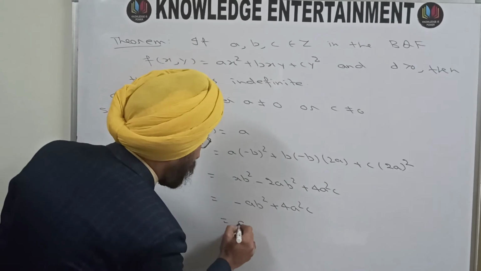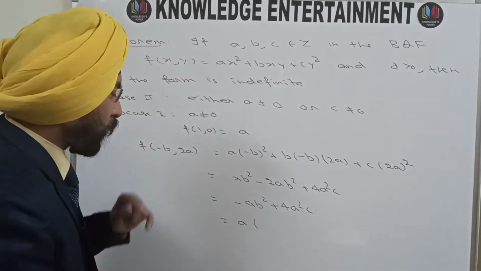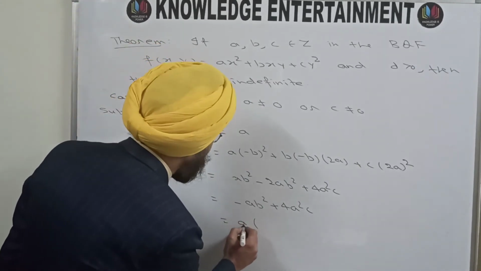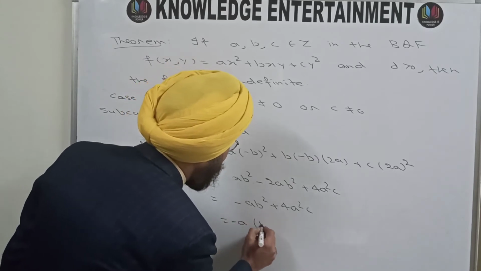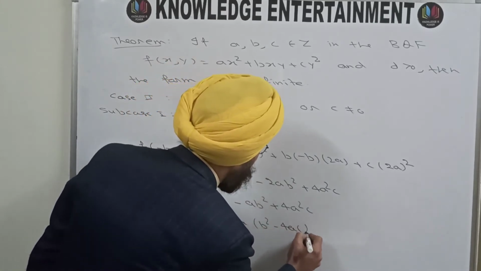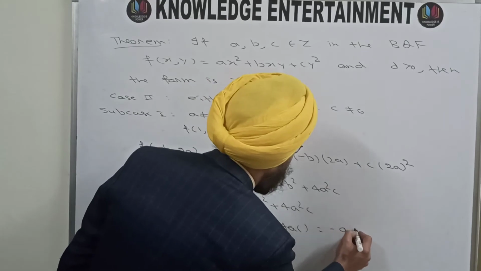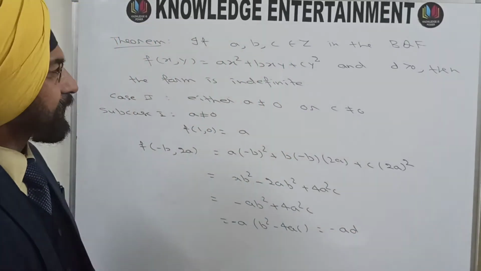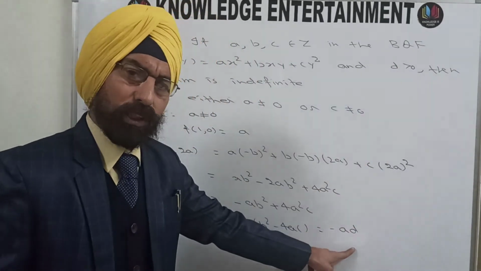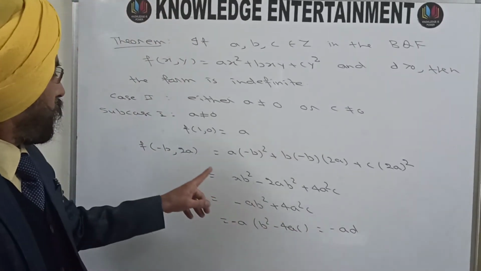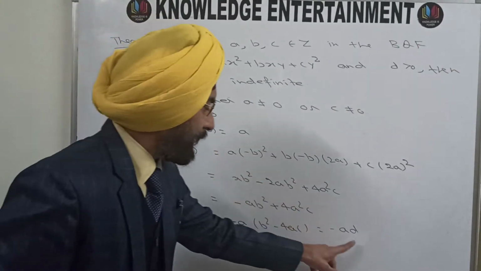Take out a common, and you will get minus a times b square minus 4ac, and b square minus 4ac is D. So it is minus aD. Since D is given to be greater than 0, the value of f(1,0) is a and f(-b,2a) is minus aD.